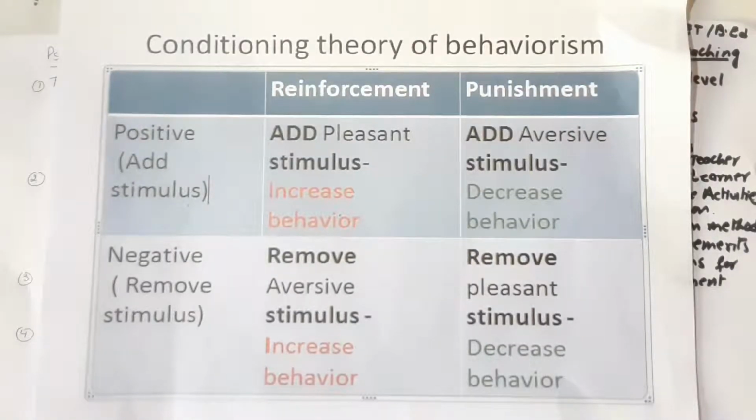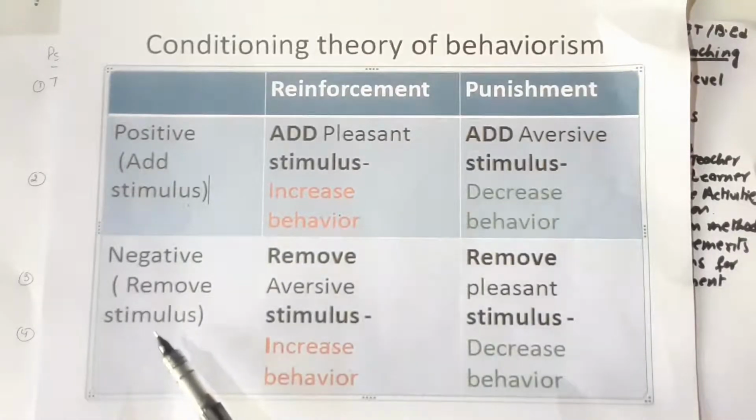So whenever he is showing bad behavior, if we shout at him or if we give him spanking, then the child doesn't like spanking, and to avoid spanking, he may stop showing that aversive behavior. So the tendency of showing that aversive behavior will be less.